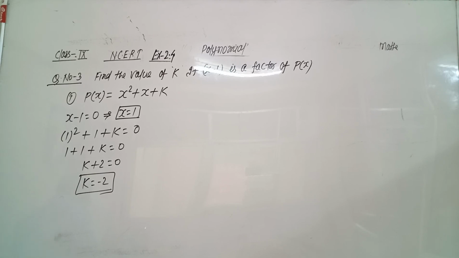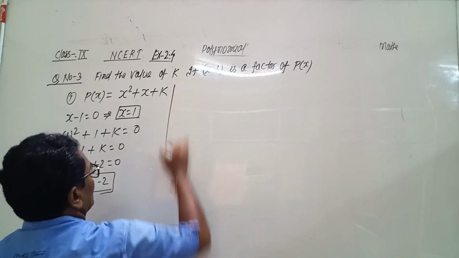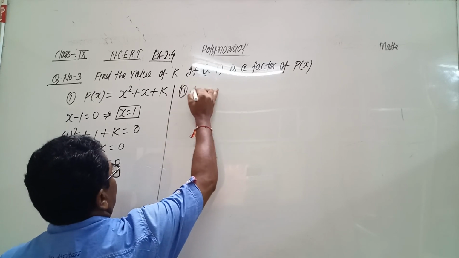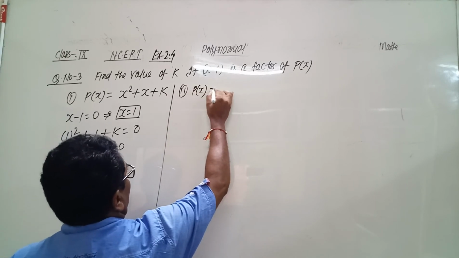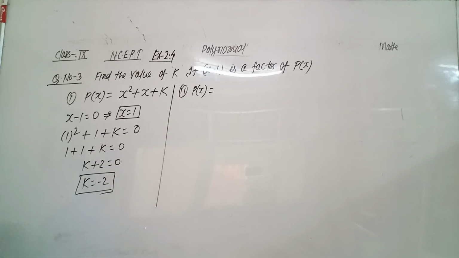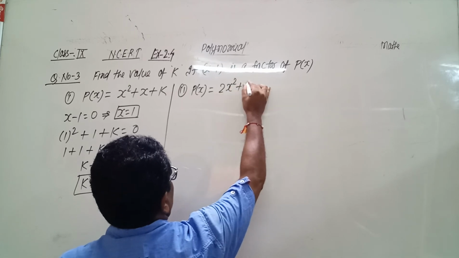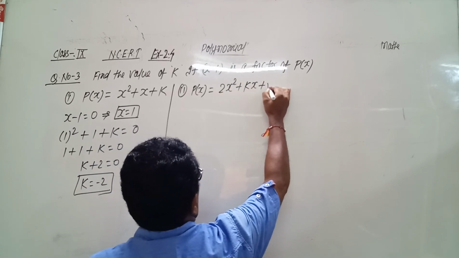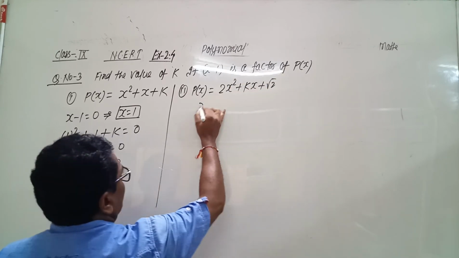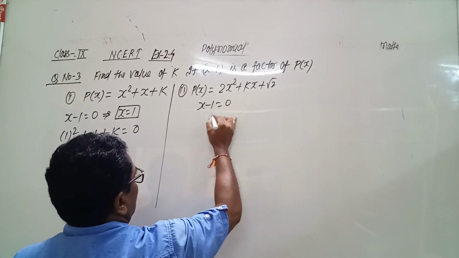The second part of this question, p(x) equals to 2x square plus kx plus root 2. Again, we make x minus 1 equals to 0.